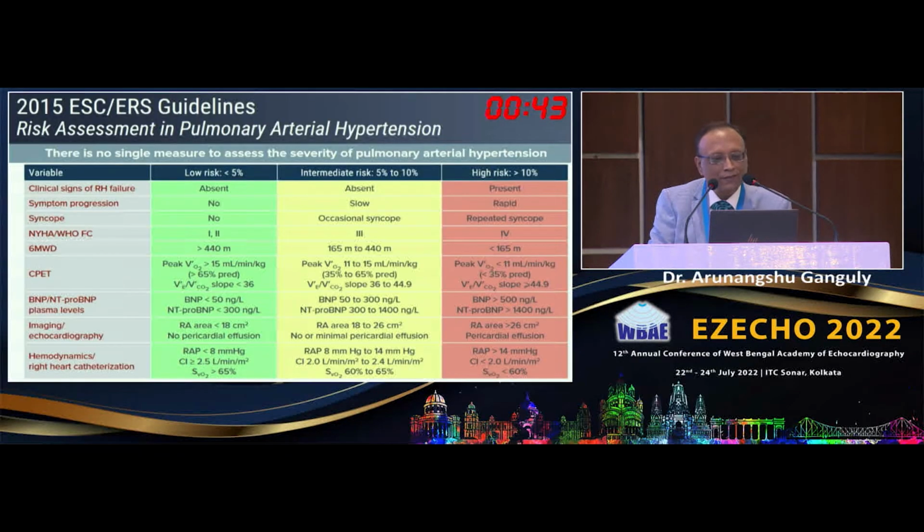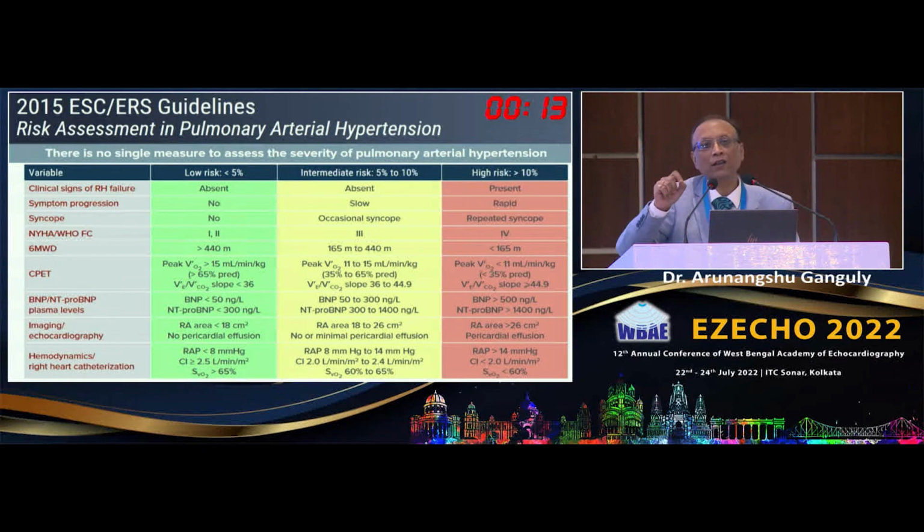So in this risk stratification, the high risk group has more than 10% chance of mortality within 1 year. They have clinical signs of heart failure, symptom progression, syncope, 6-minute walk distance less than 165, CPET VO2 less than 11, NT-proBNP more than 100, and imaging showing RA area more than 26.